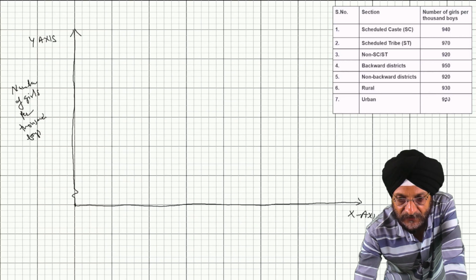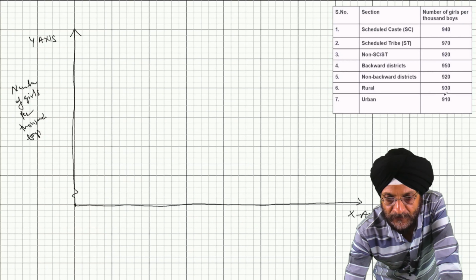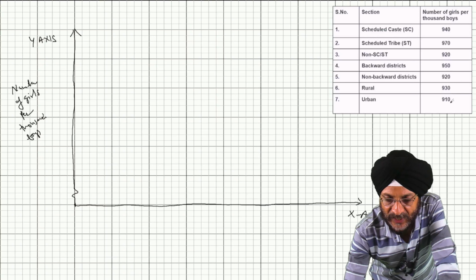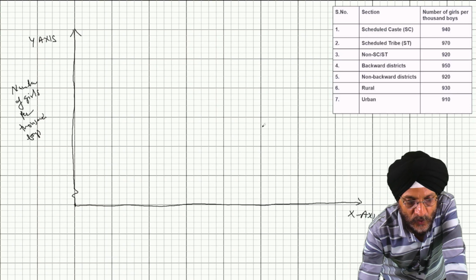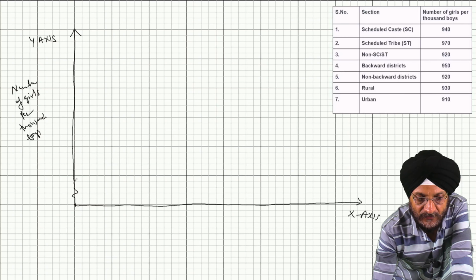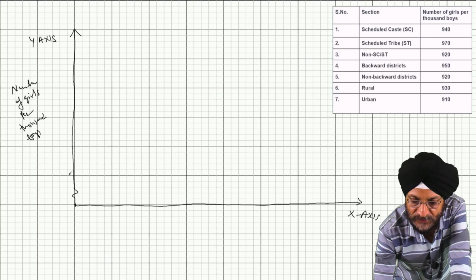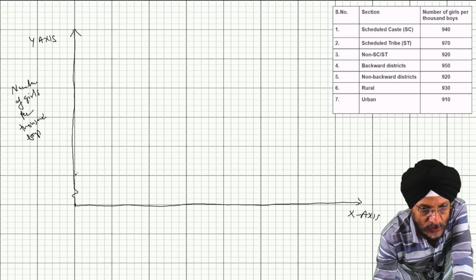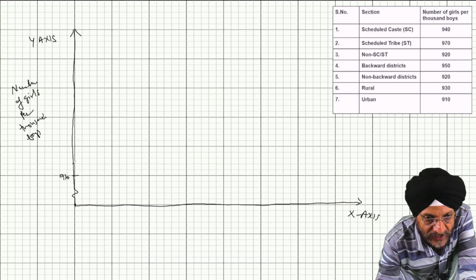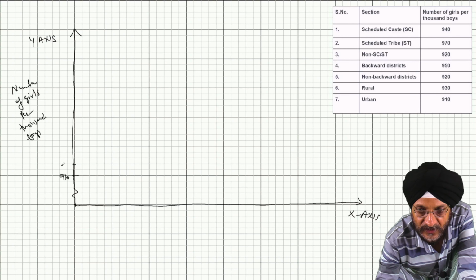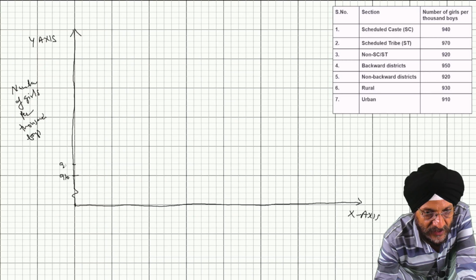Because the information given in the table, the lowest is 910. So we will have to start from 910 from somewhere. So here we assume that this is 910, and after every two lines we take it as 920.